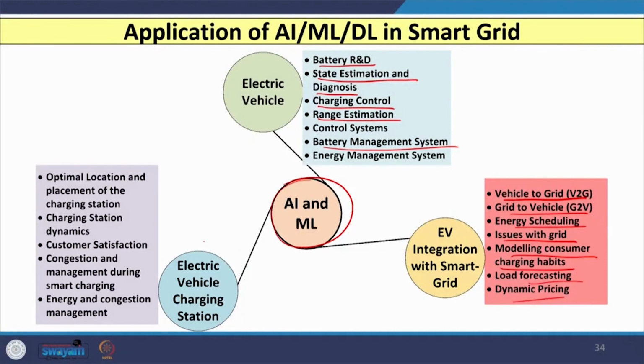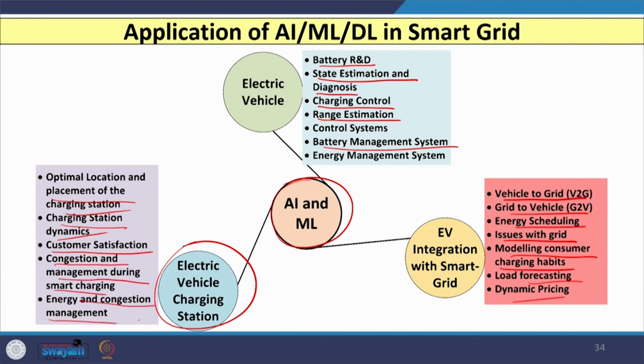The next is the application related to the charging stations of electric vehicles. Optimal location and placement of charging stations is another area where we can use AI, ML or DL. We have charging station dynamics, customer satisfaction, congestion and management during smart charging, and energy and congestion management.